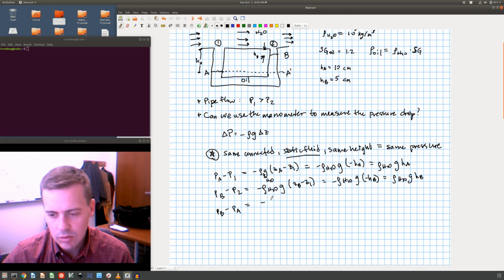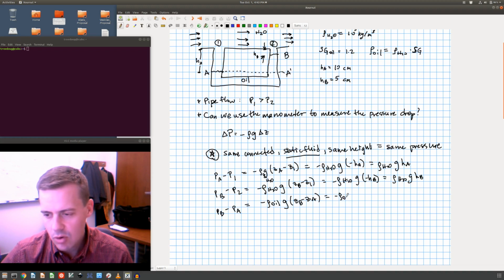PA is equal to minus rho oil, because this is oil here that's connecting these two pieces, G, and I have ZB minus ZA. ZB is right here and ZA here, so that's going to be HA minus HB.